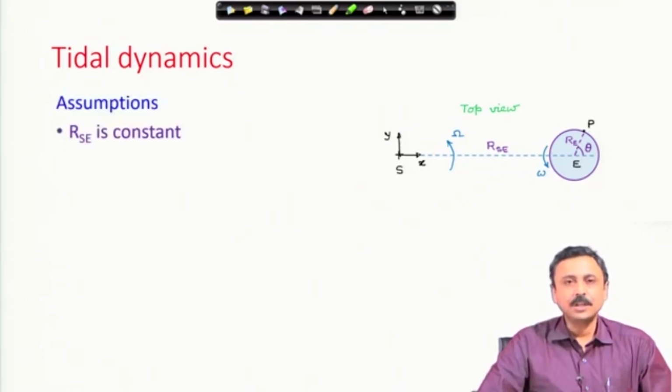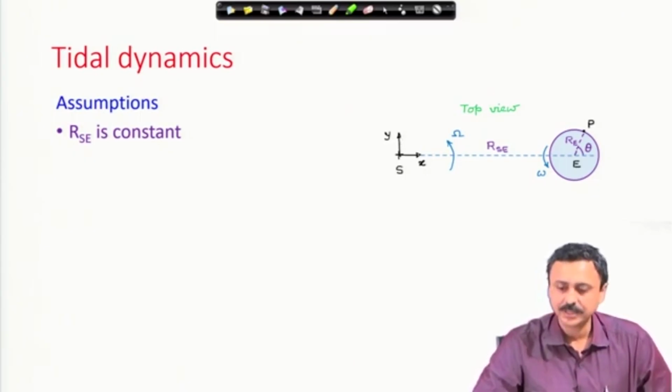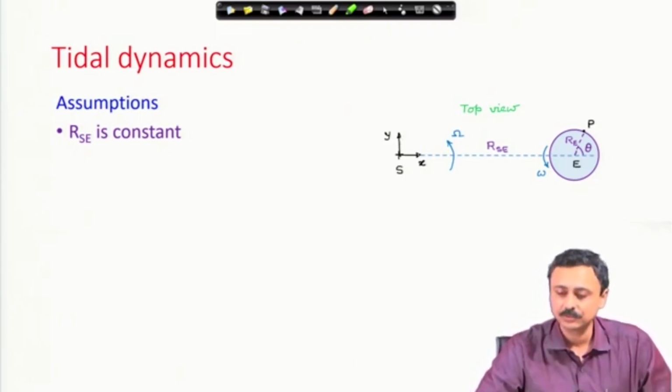The first assumption is that the sun-earth distance is fixed, constant. In other words, the earth is rotating on a circular path around the sun, which is not a very bad approximation, because the eccentricity of the earth's orbit is very close to 0.